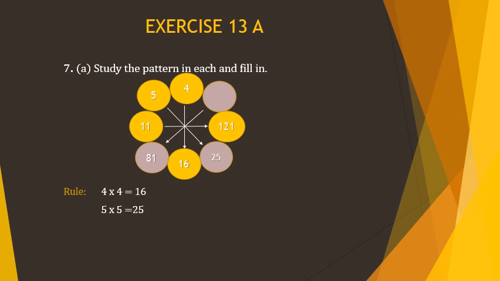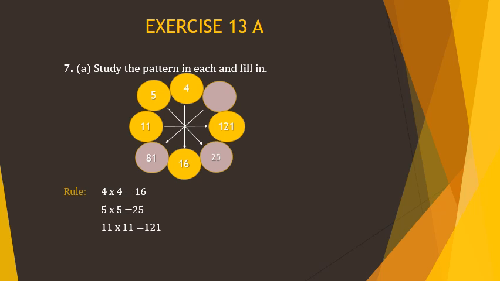Now let's move to the next number, which is 11. At one end of the arrow it is 11, and at the other end of the arrow, which is the head of the arrow, it is 121. And how do we get 121? Well, 11 multiplied by 11 is equal to 121.